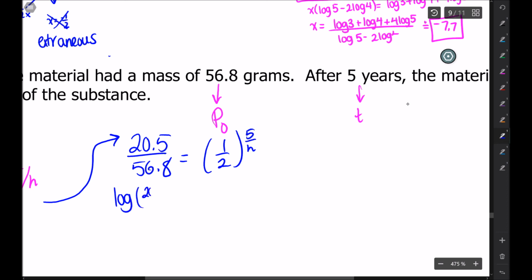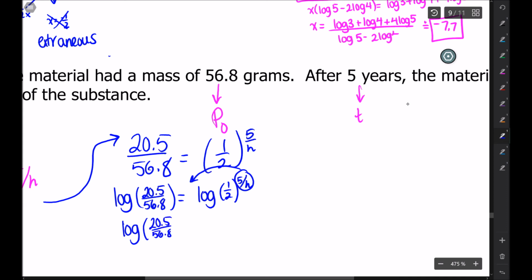So I'm going to say the log of 20.5 over 56.8 is equal to the log of 1/2 to the power of 5 over h. Well, all I need to do here is bring my exponent out in front. So I would say that the log of 20.5 over 56.8 is equal to 5 over h times the log of 1/2.